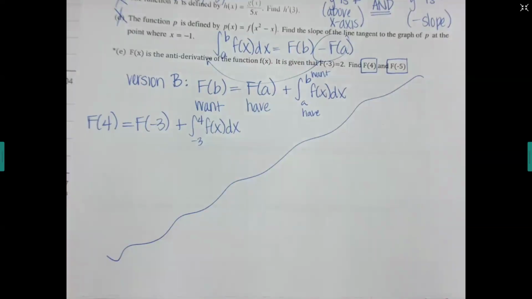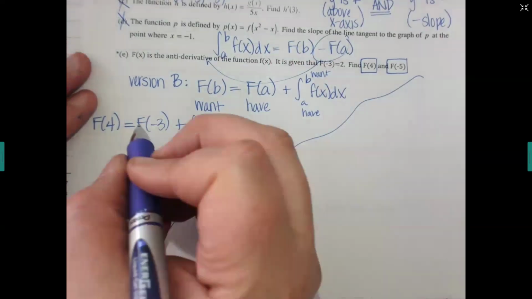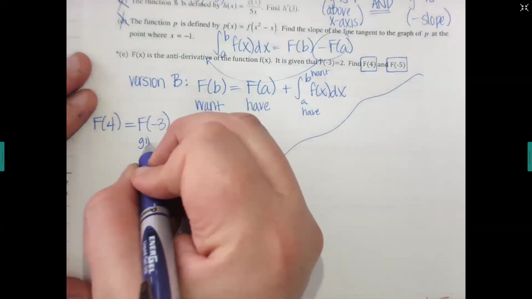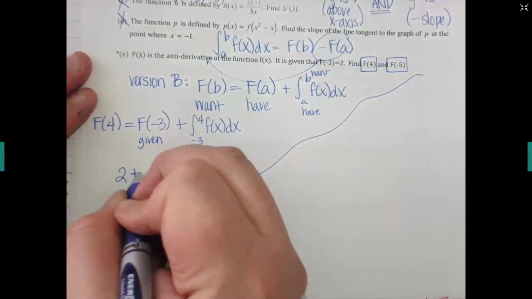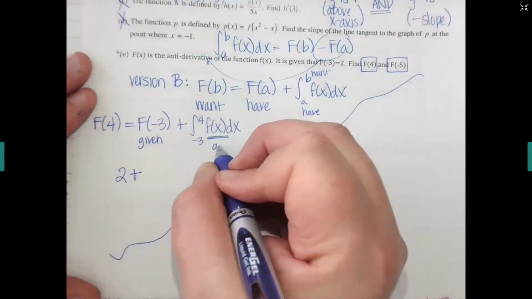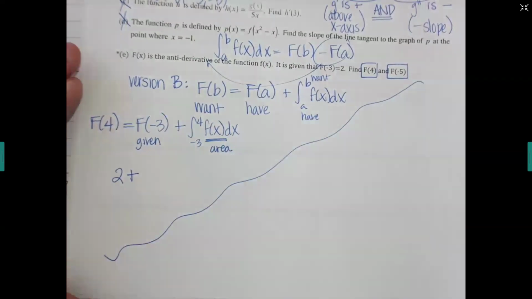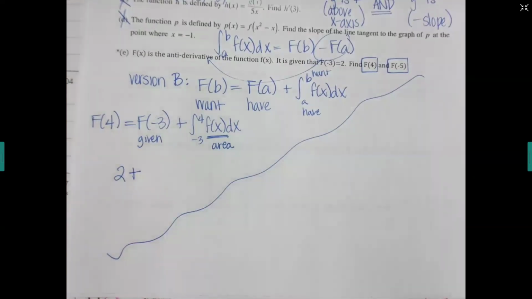And then from there, you can find your numbers. So F of -3 was given to me. What did they say it is? 2 plus, and then for this part, I'm going to have to find the area. So from -3 to 4, shade your graph, calculate your area, and that's what you would sub into that spot.